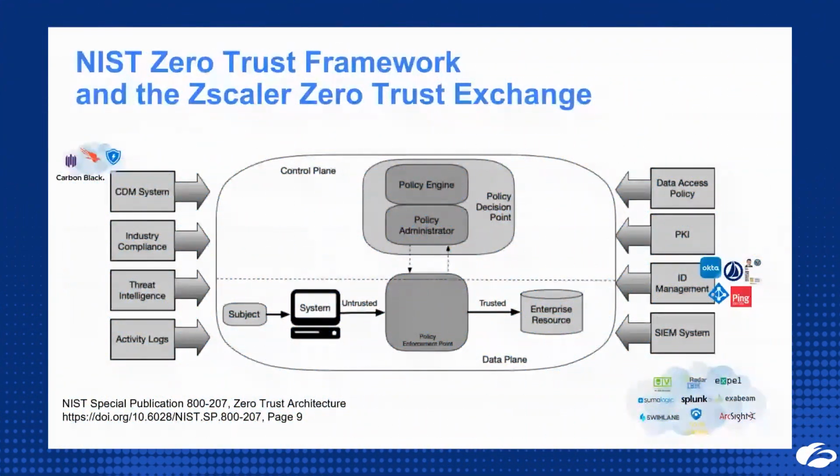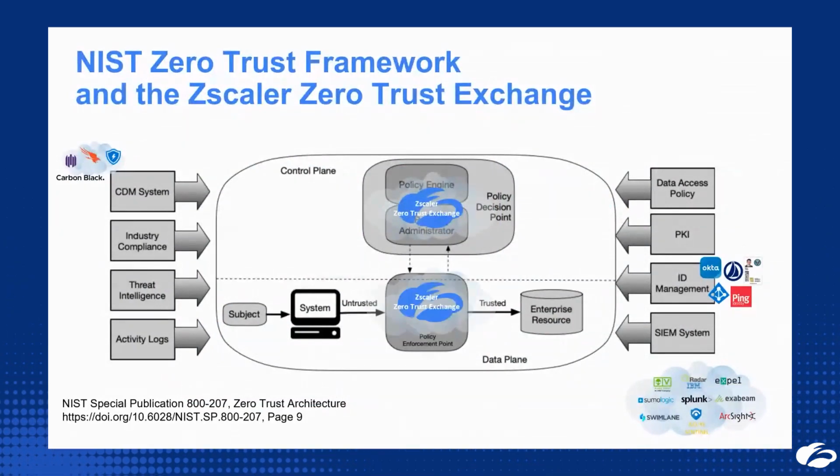If we break this down a little farther, it looks a lot like things you already have in your environment today. We're not starting from scratch. You might have endpoint security and protection components, identity and access management, backend SIEM and SOAR for logging, monitoring, and orchestration. The Zscaler Zero Trust Exchange slots into your existing security ecosystem. Our service edges provide the policy engine and policy decision, as well as policy enforcement.